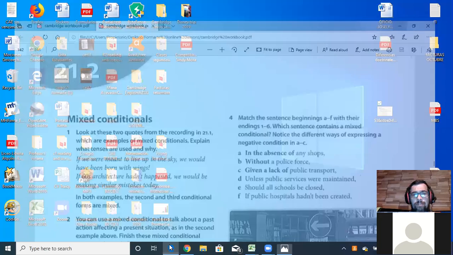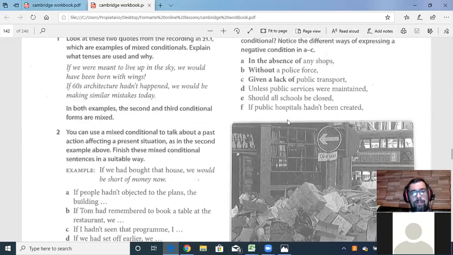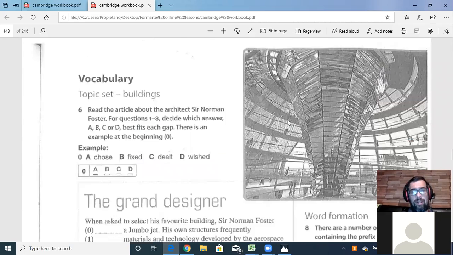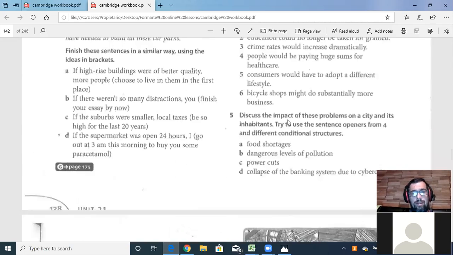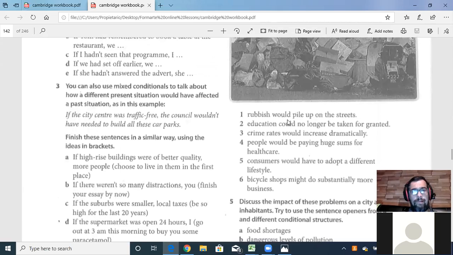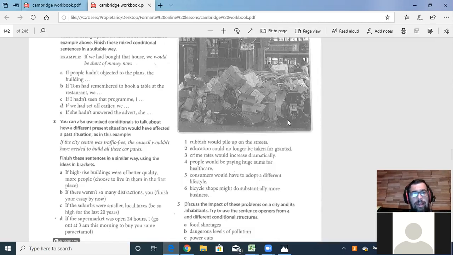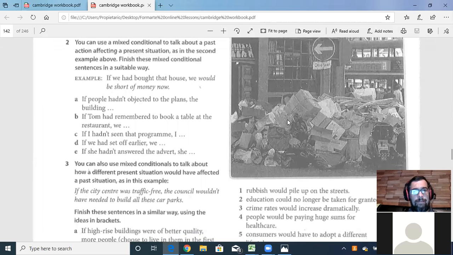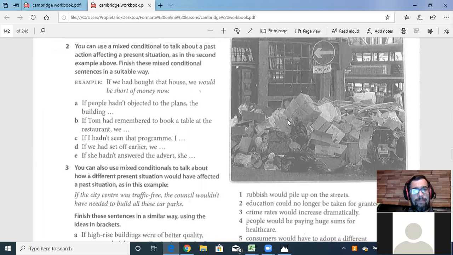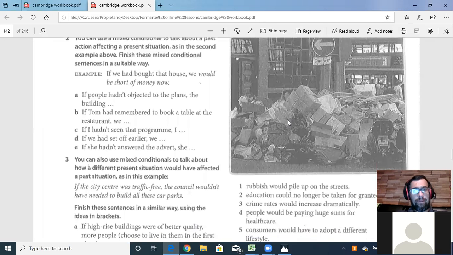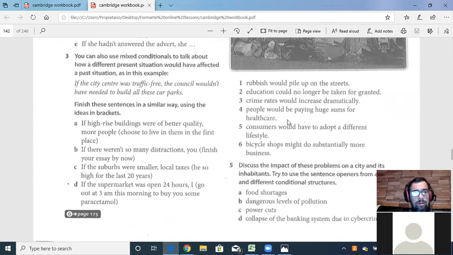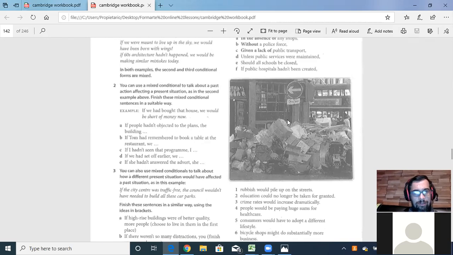Okay, coming back here very quick to our book. Let me just go here. Let me see. I don't know if you can see this, but let's see. There's one that you need to match. Let me see if I can find it.